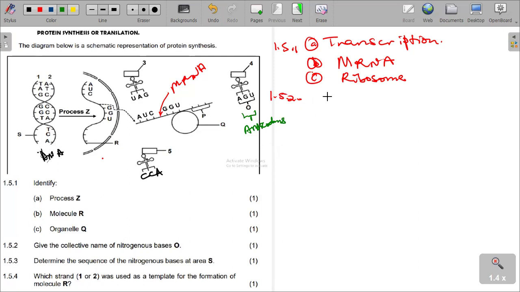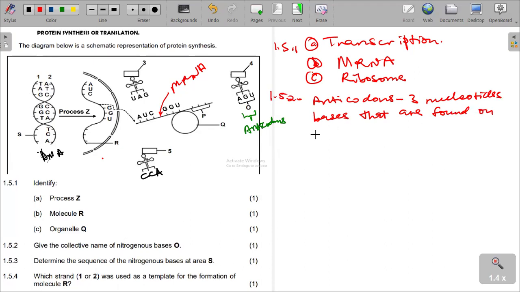They are called anticodons. Anticodons, which we are saying are 3 nucleotide bases that are found on what? On tRNA. These are called anticodons. In other words, we are saying 3 nucleotide bases that are found on tRNA.